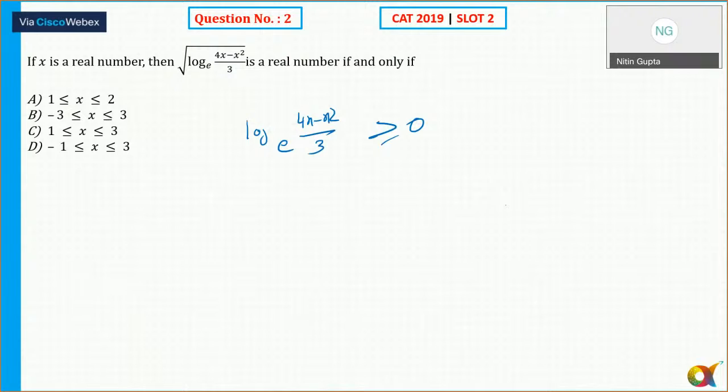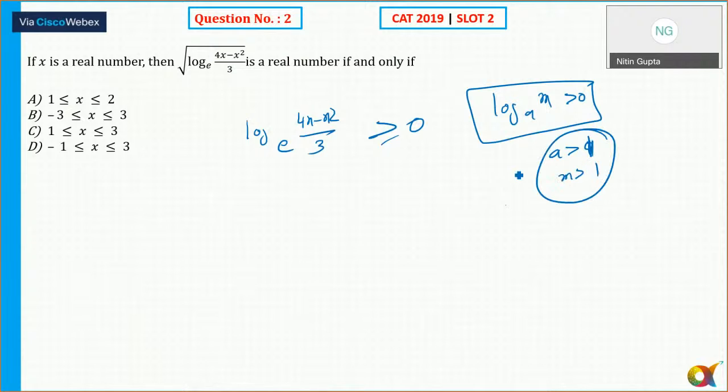It means log of some number is positive, and there are two possibilities. But here the base is e, and e is equal to 2.71.